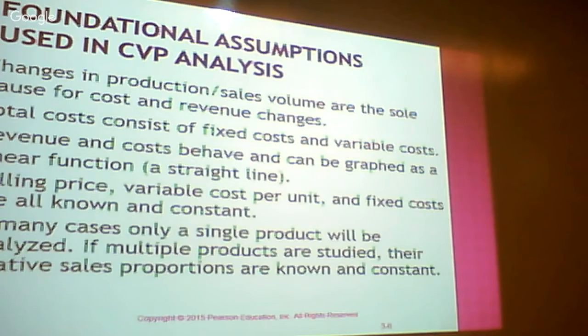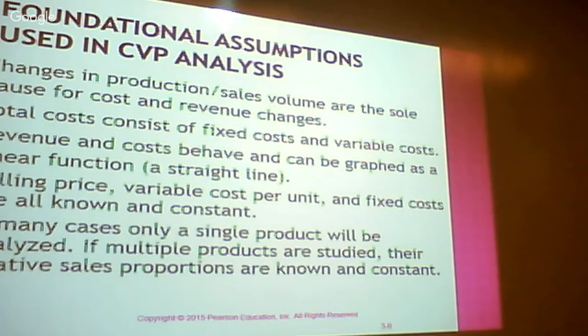Cost of my material, my direct materials might fluctuate, you know, based on what's going on in the world. You know, oil is a perfect example, and gas. Gas is what fluctuates all the time, right? So we have to say, when we're doing a CVP analysis, that those pretty well stay stable. But in reality, they don't. So again, that's why we always have to analyze our decisions afterwards.